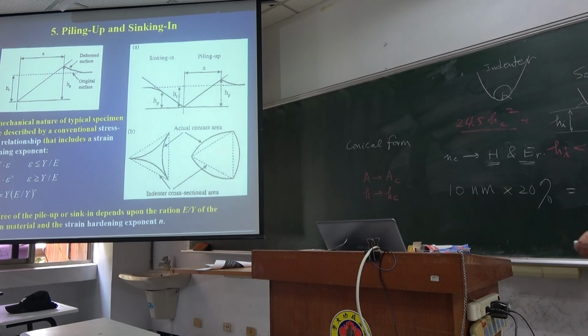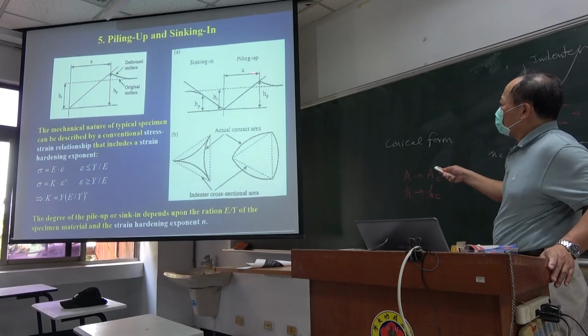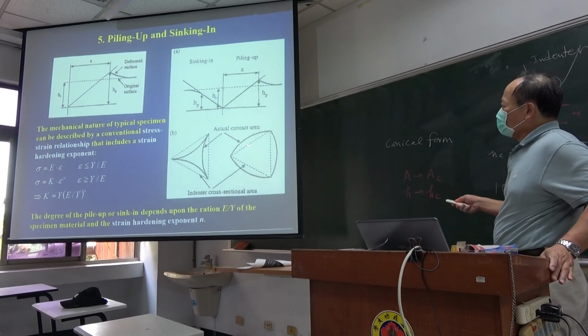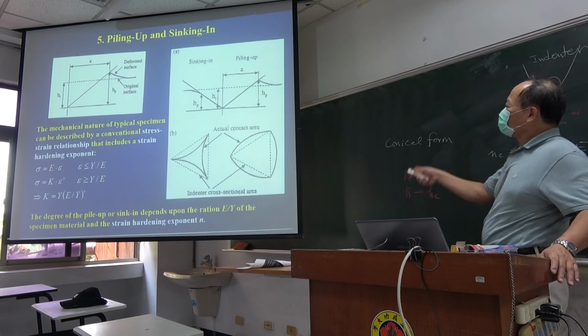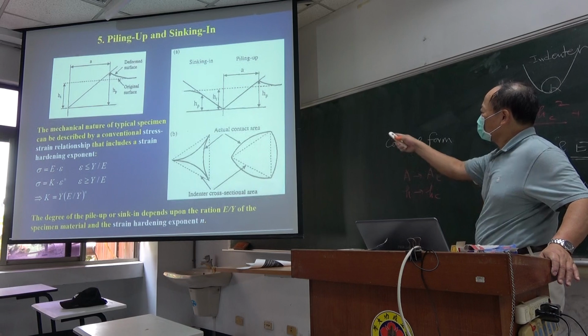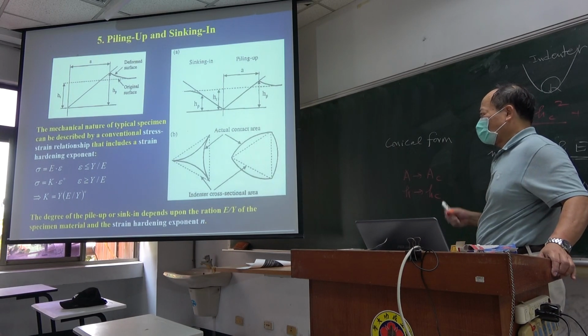Okay. So in this case, either the sinking case or piling up case, if we don't have the additional term to improve our accuracy of the real contact area, we'll find that we have a bigger error.